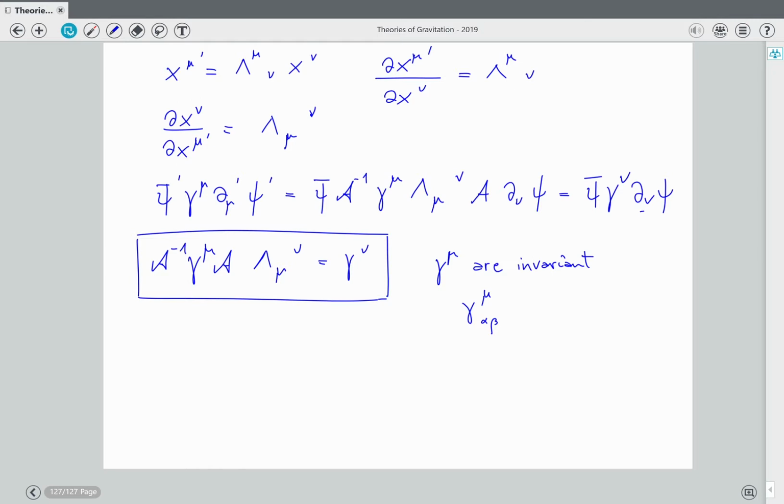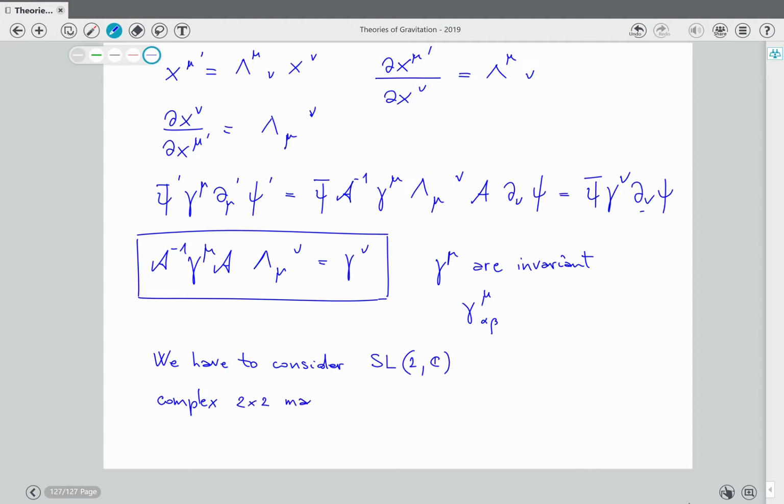To build such an A, we have to consider the group SL2C. What is it? SL2C, they are complex 2 times 2 matrices with unit determinant.